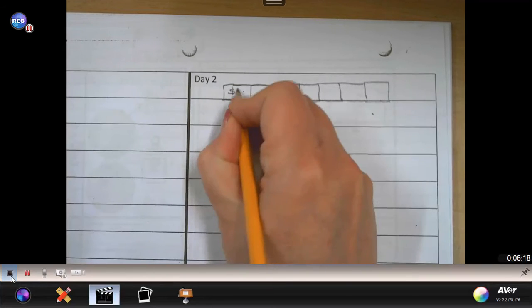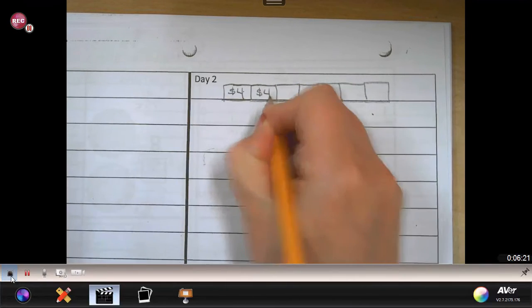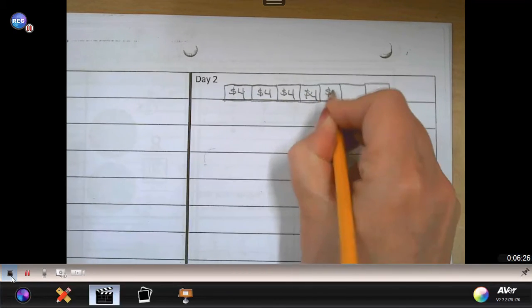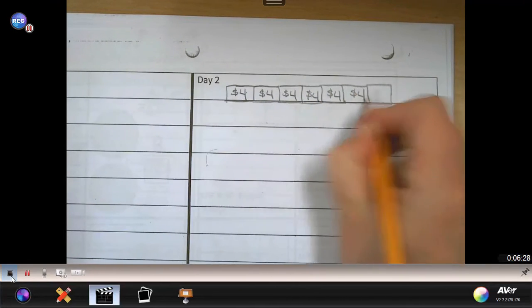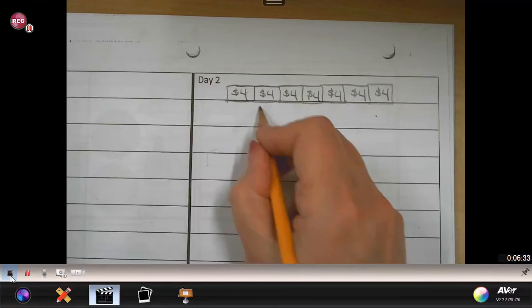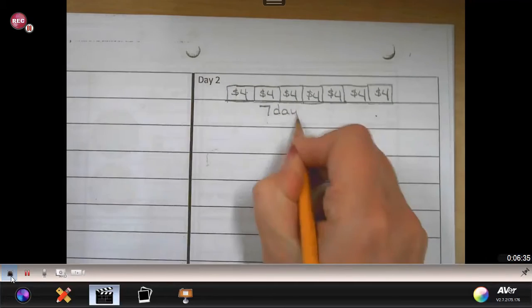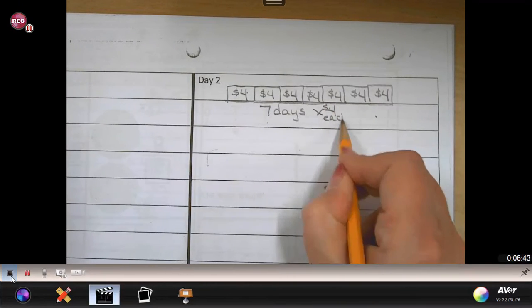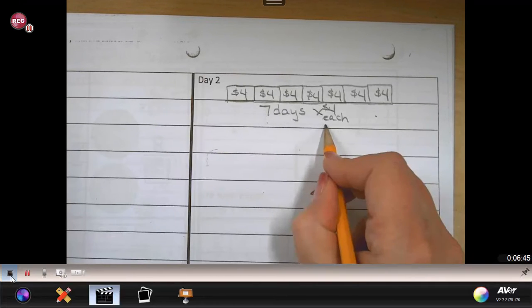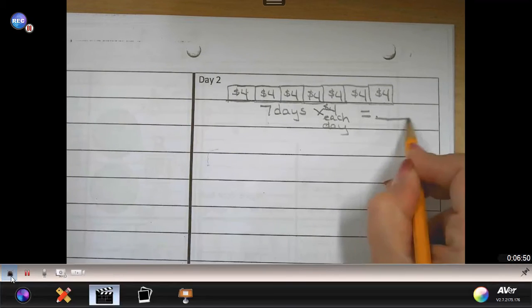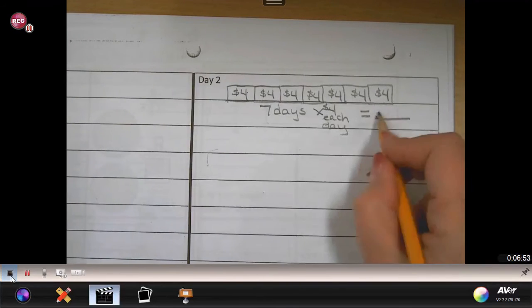Each day, he earns $4 for his household chores. Now, 7 days, those are the groups. He earns $4 each day. That's the number of objects. Those are the dollars each day, $4 each day. And we know that he's going to get a total amount of money, whatever that may be.